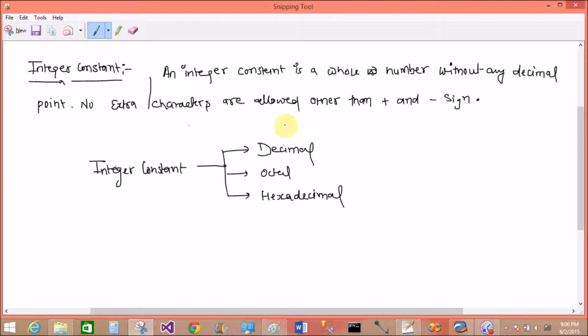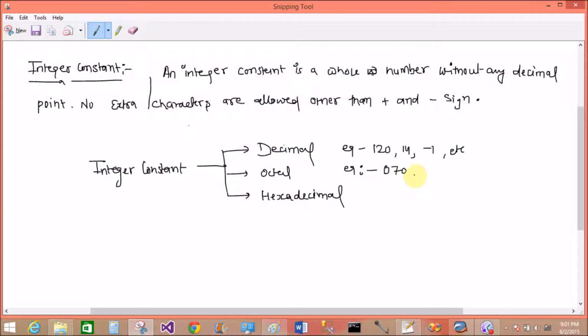Okay, so let's discuss decimal integer constants. Examples: 120, 14, minus 1, etc. are all decimal integer constants.